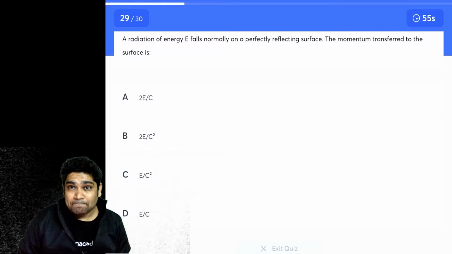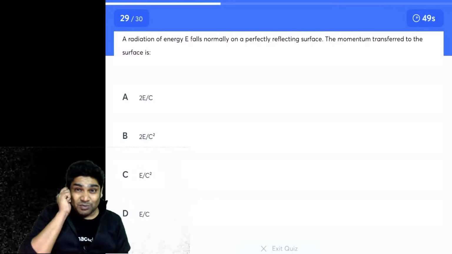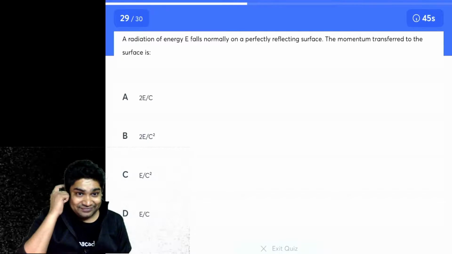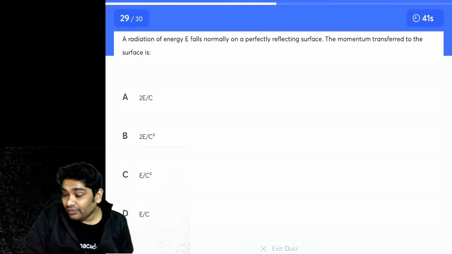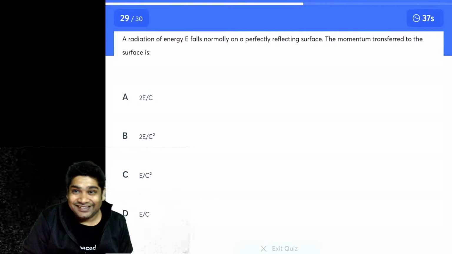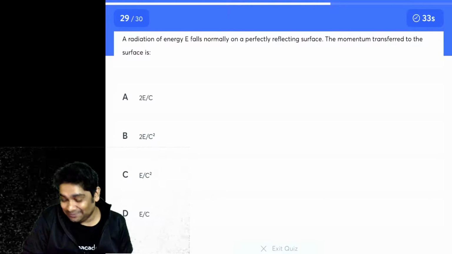So again, if you remember the energy of a photon with respect to its momentum, then you should be able to get this. Or even if you remember the intensity and the radiation pressure equation, you can do this.